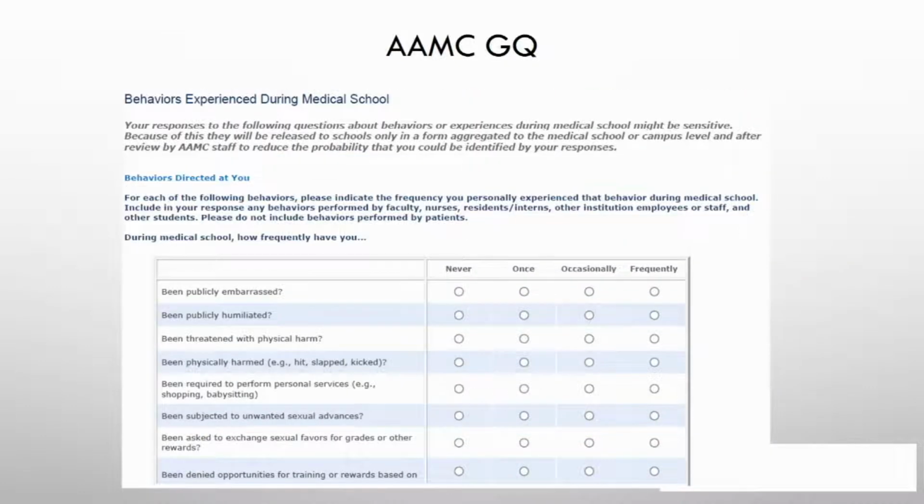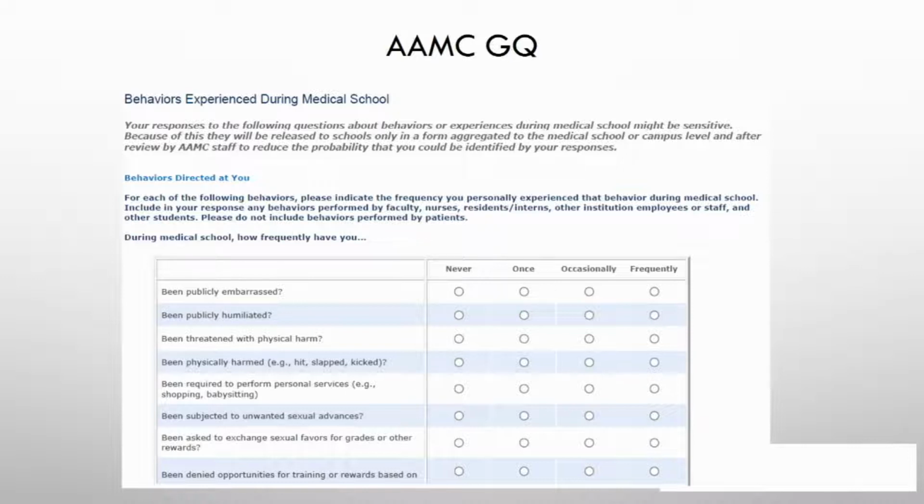And then there are some specific questions related to physical harm and public humiliation, which I'm sure in your experience you've all probably seen at some point. I've heard it said that this is not an opportunity to air your specific grievances, right?